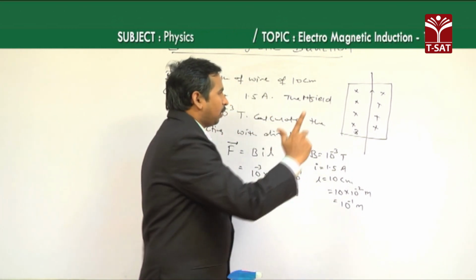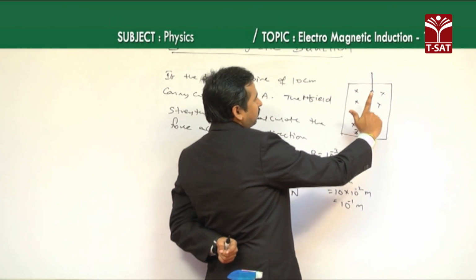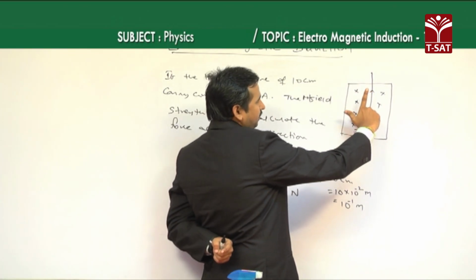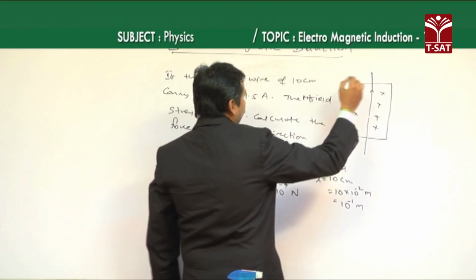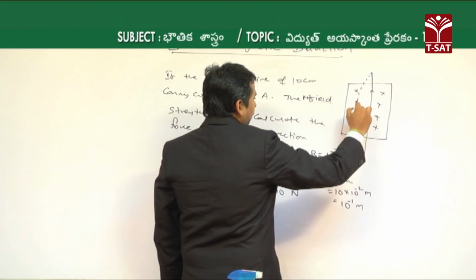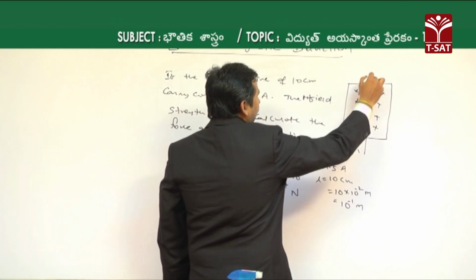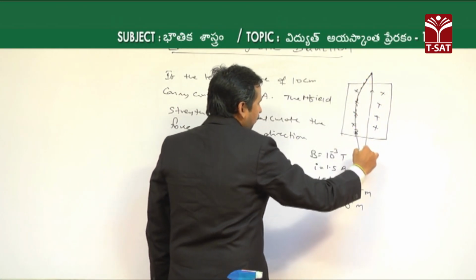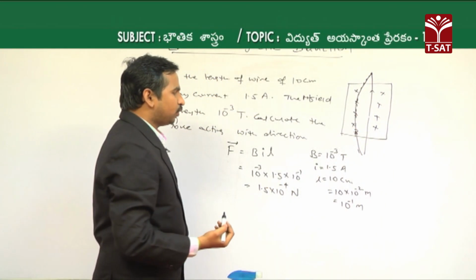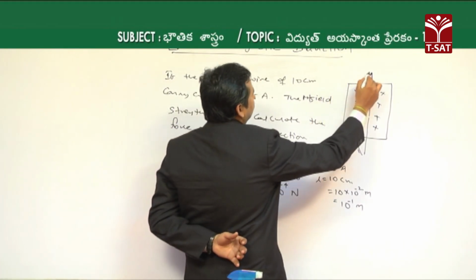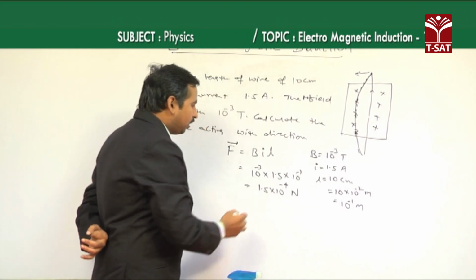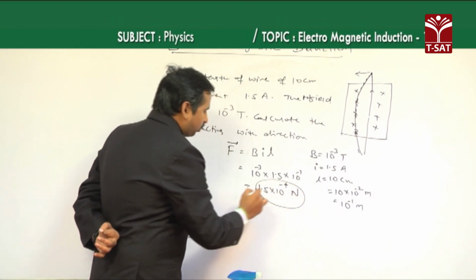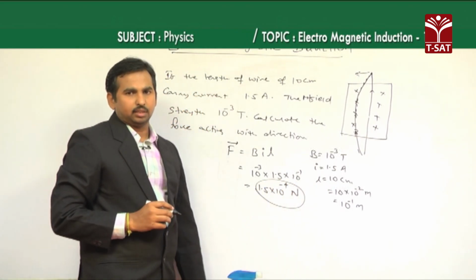So, if you apply the right hand rule here, the current carrying wire is upwards and the thumb is acting towards the left side of mine, in this direction. Now, the current carrying wire bends in the direction of the force, and the force acting is 1.5 into 10 power minus 4 newtons, acting here like this.